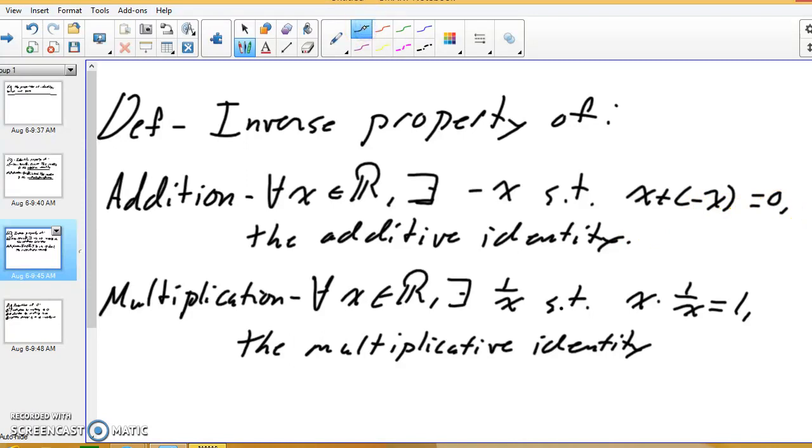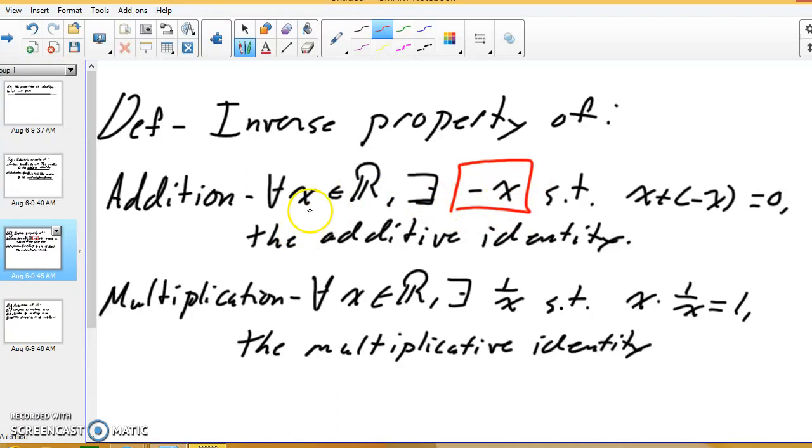Like identity, there's only one single additive identity, but there are an unlimited amount of inverses, because this negative x is what is known as the inverse of x. And every single x has a different inverse.